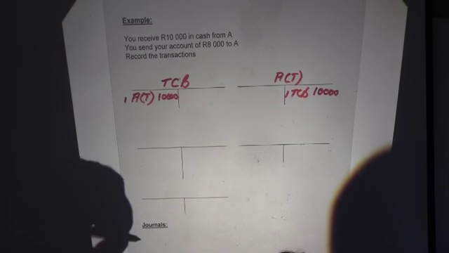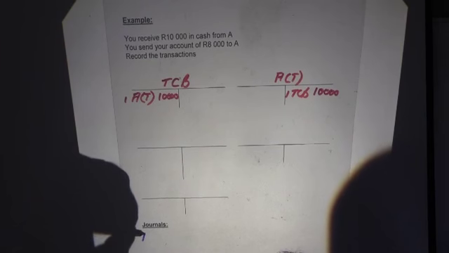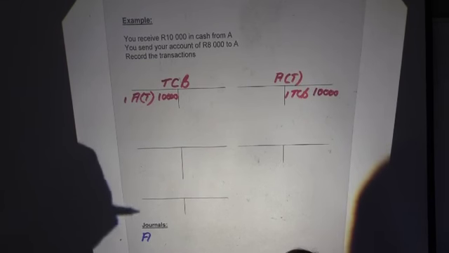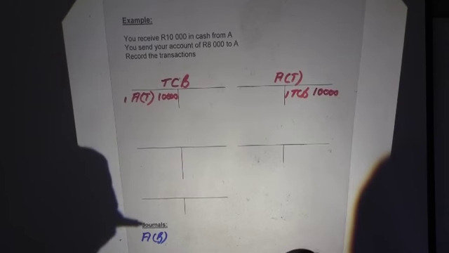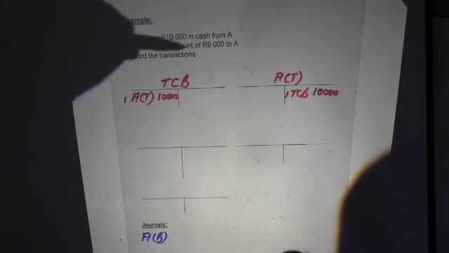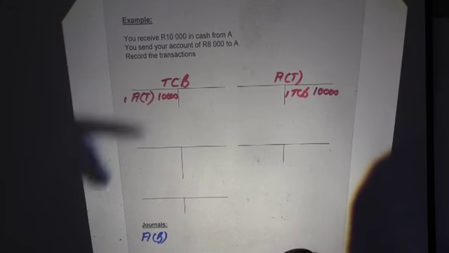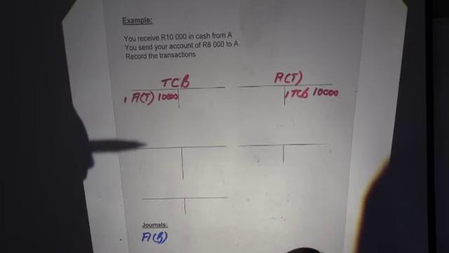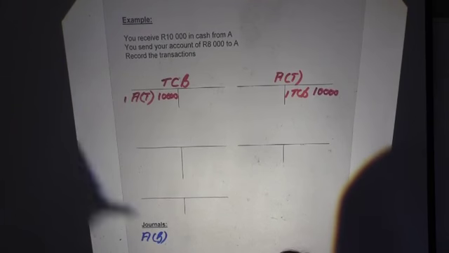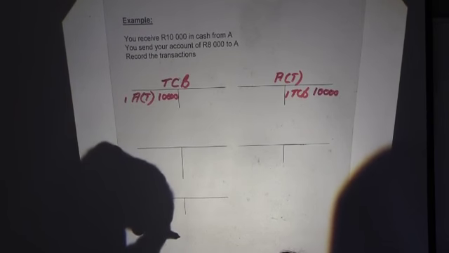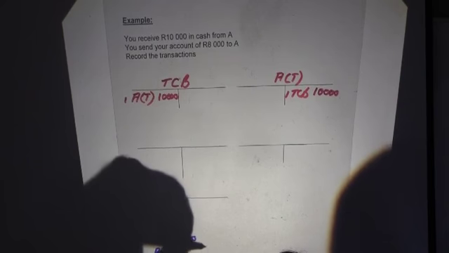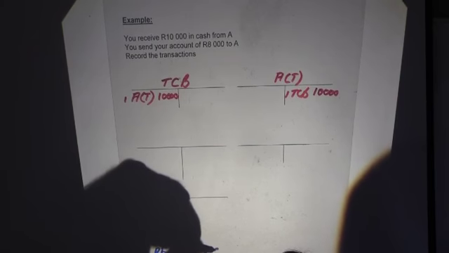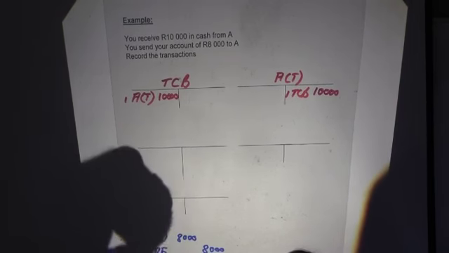So by way of a journal entry, I will debit A, but I will put a little B in brackets. Why? Because the sending out of an account and the rendering of service is by nature a business transaction. So I will debit A business with 8,000 rand, and I will credit my professional fees with 8,000 rand.